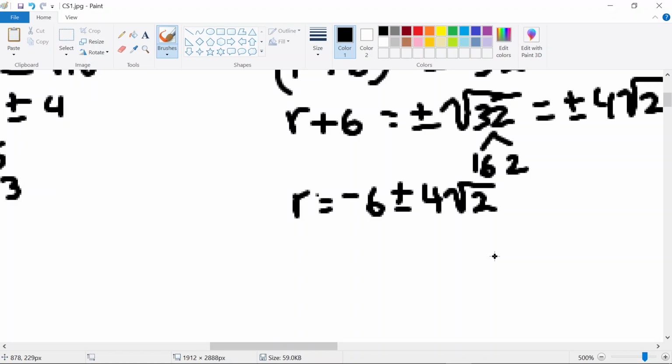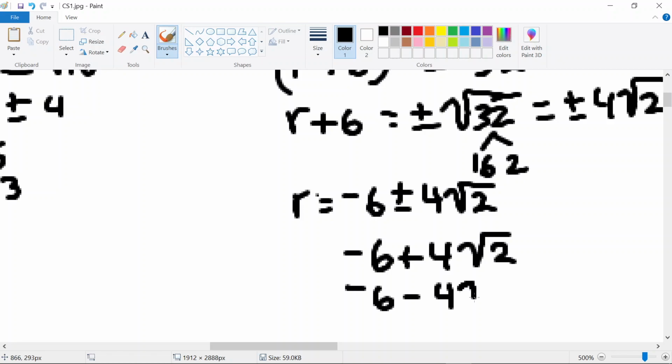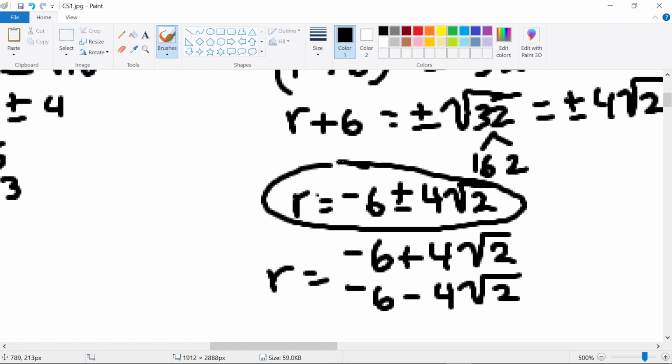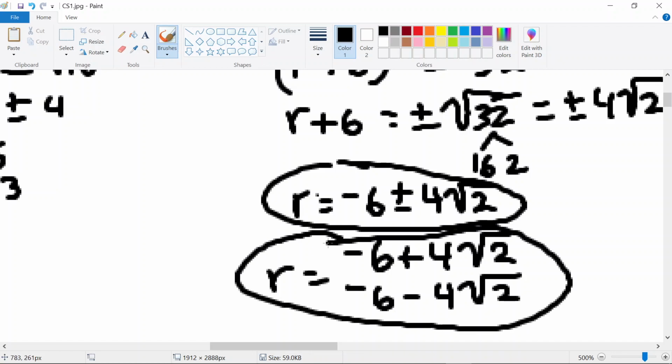At this point, you can leave it like that or write it separately: negative 6 plus 4 square root 2, negative 6 minus 4 square root of 2. That's what r equals. You can write the answer either way.